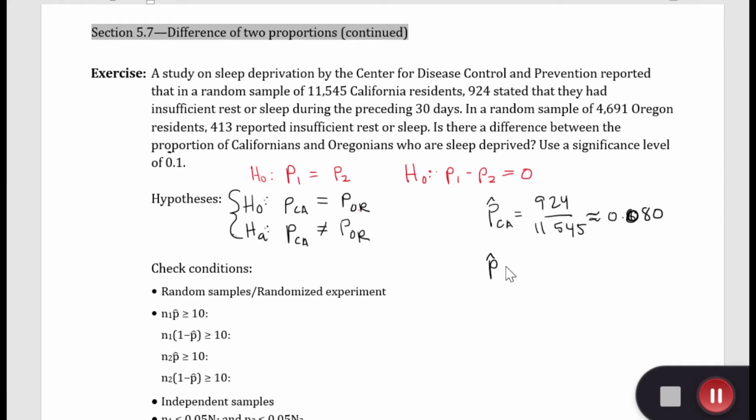Our sample proportion of Oregonians who are sleep deprived is 413 over 4,691, which is about 0.088.